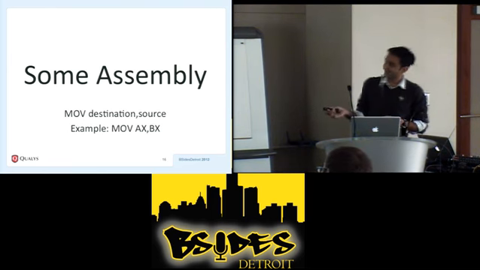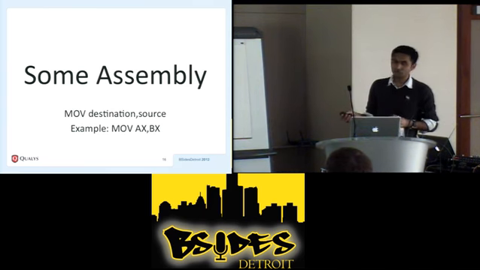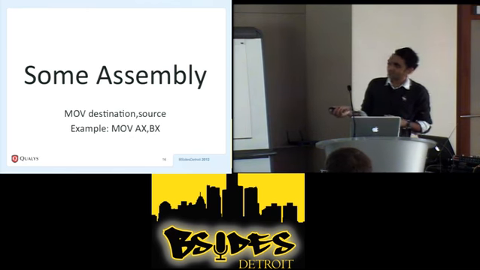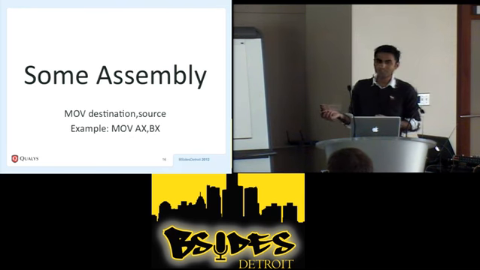The syntax is mov destination, source, and what it does is whatever is in the source is moved to the destination. An example is mov AX, BX, and what this instruction would do is whatever is in BX would move to AX. The only important thing we want to know about the mov instruction is that the source and destination have to be of the same size. So if the source register is 16-bit, the destination has to be 16-bit. If the source register is 32-bit, the destination has to be 32-bit. Any questions so far?